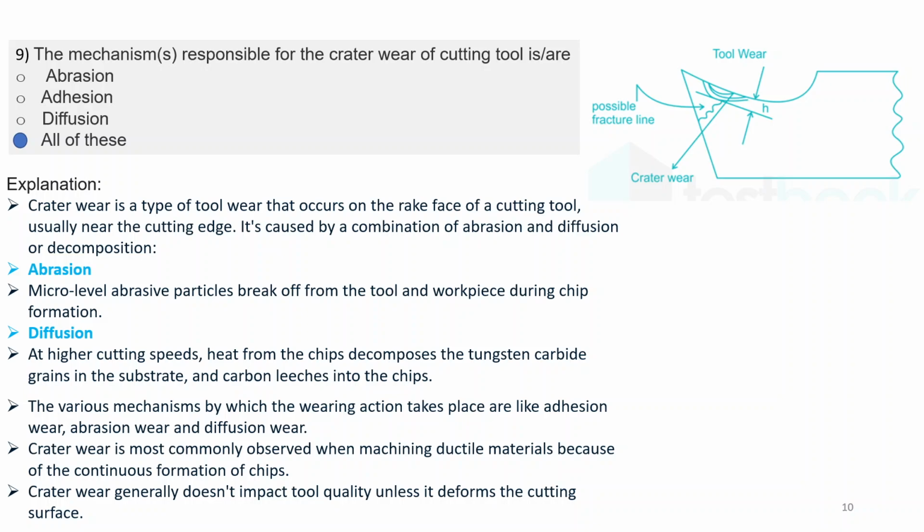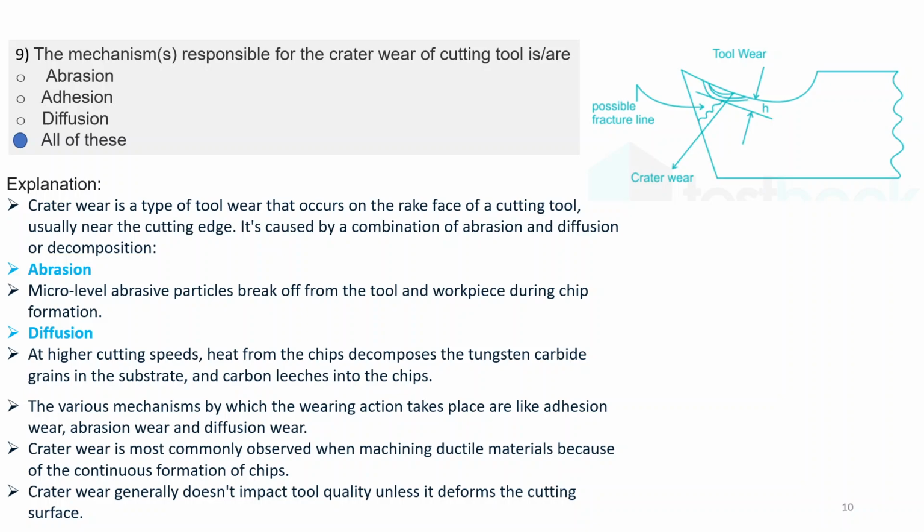It's caused by a combination of abrasion and diffusion or decomposition. In case of abrasion, there are micro level abrasive particles that break off from the tool and workpiece during chip formation, and in case of diffusion, at higher cutting speeds, heat from the chips decomposes the tungsten carbide grains in the substrate and the carbon leaches into the chips.